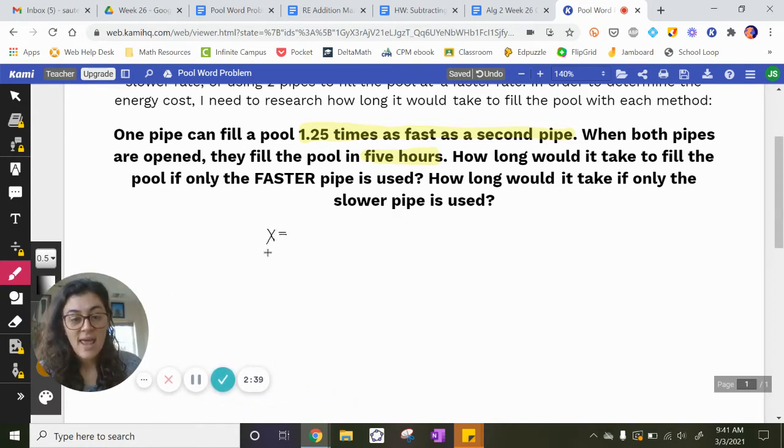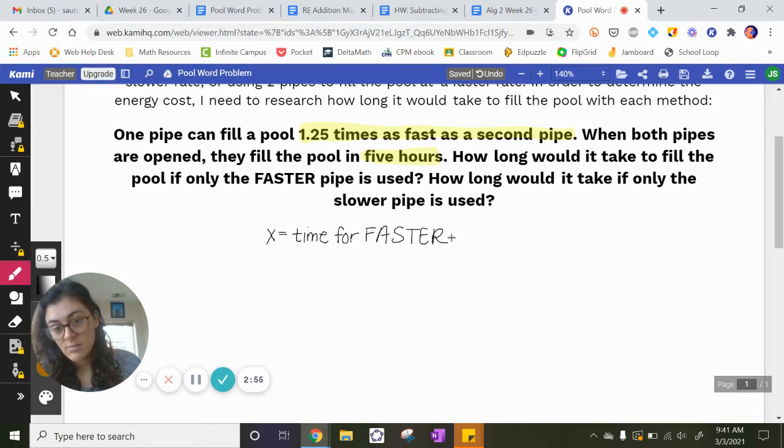I'm actually going to let x equal the time that it takes the faster pipe to fill the pool. So x equals time for faster pipe. And the reason I'm using the faster pipe as our x is because then it becomes really easy to write an expression for our slower pipe.